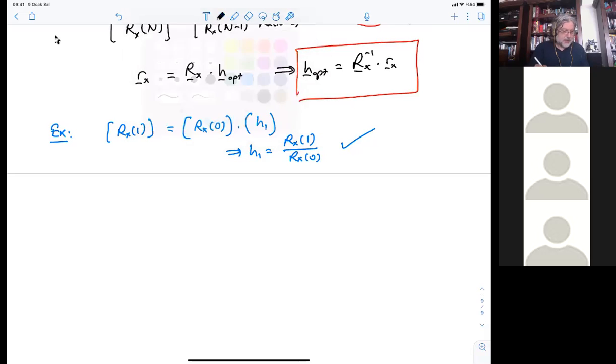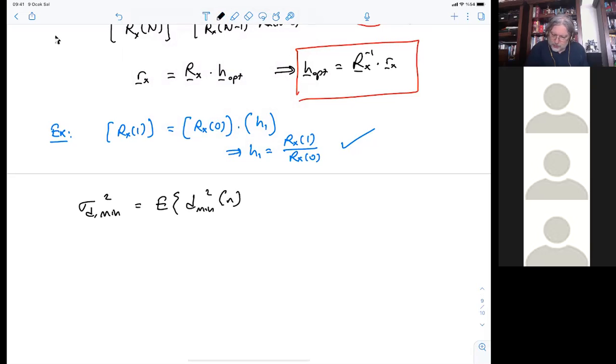So let's see what is happening to this. It's clearly equal to the squared energy, which is also the difference between x of n and x hat optimum of n, squared.